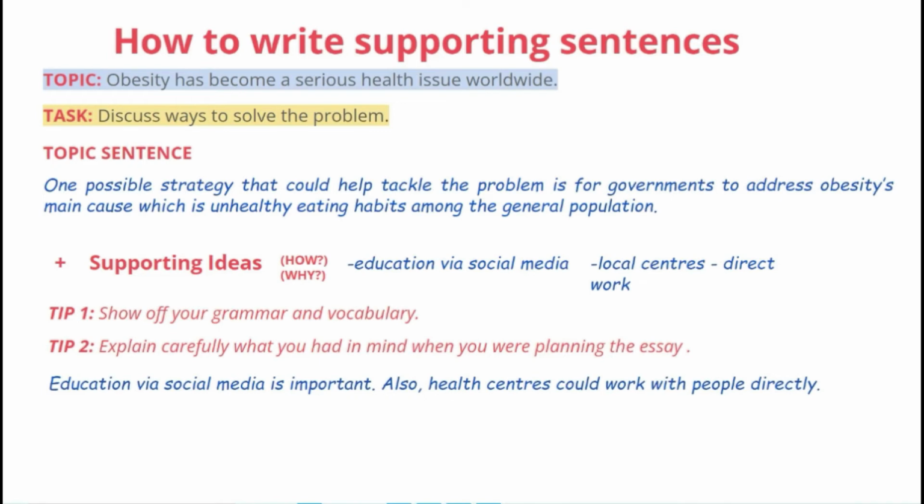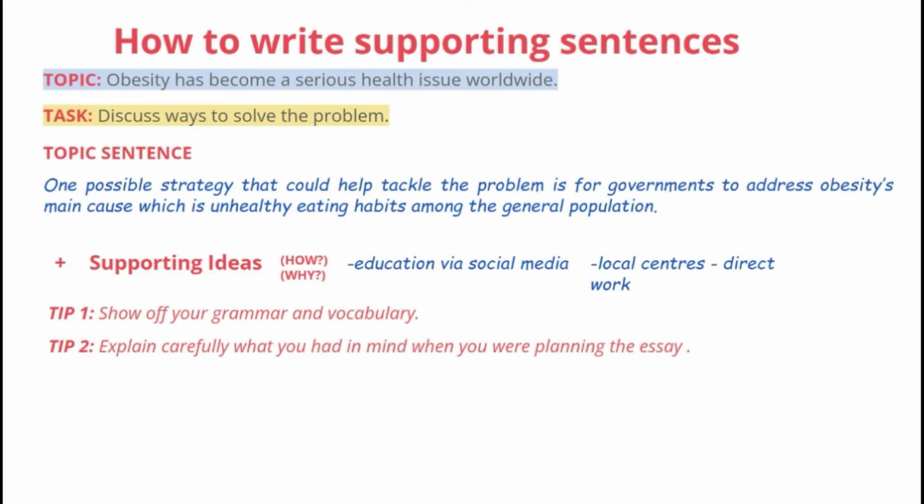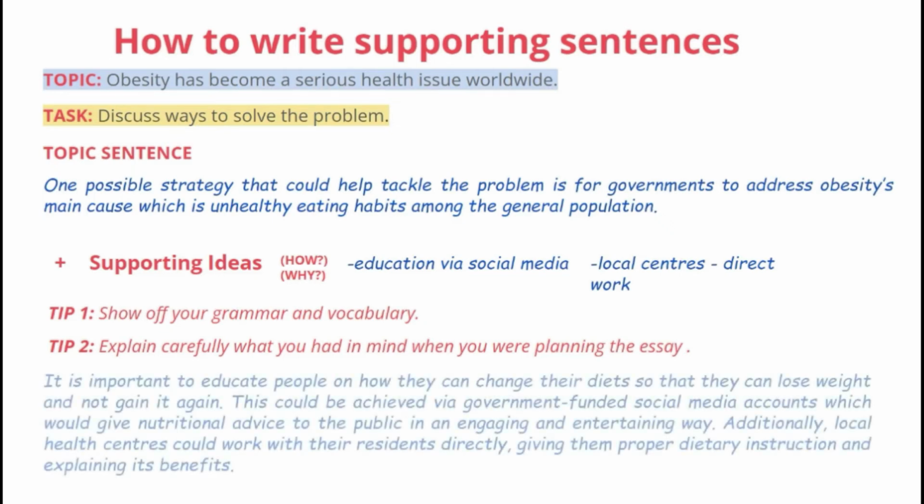The same logic applies to the second idea here about health centers. The idea is underdeveloped and the paragraph altogether would get a low score. So I'm going to remove that. And I actually tried to explain my ideas well, and this is what I wrote.